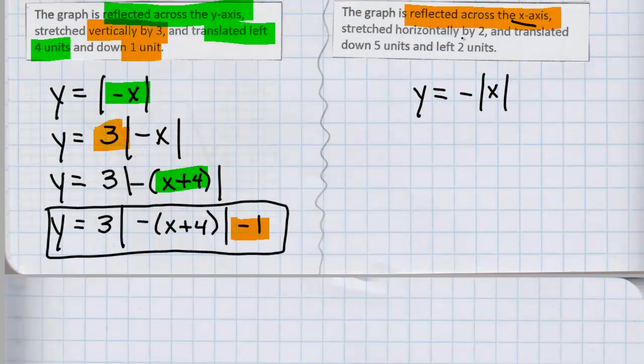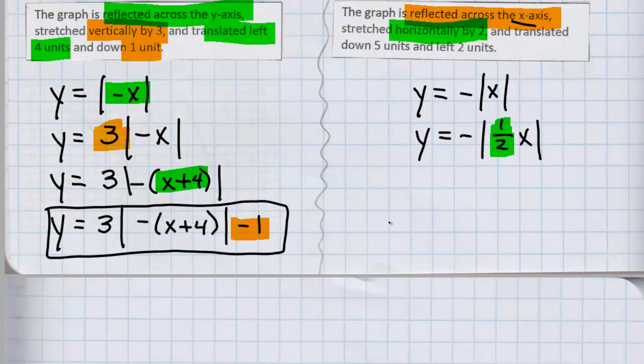Now we're stretched horizontally by 2. That's inside of x. So let's write this part of the equation. Y equals negative, stretched horizontally by 2. Remember, if it's stretched by 2, we want to do the opposite inside. So we want to divide by 2.